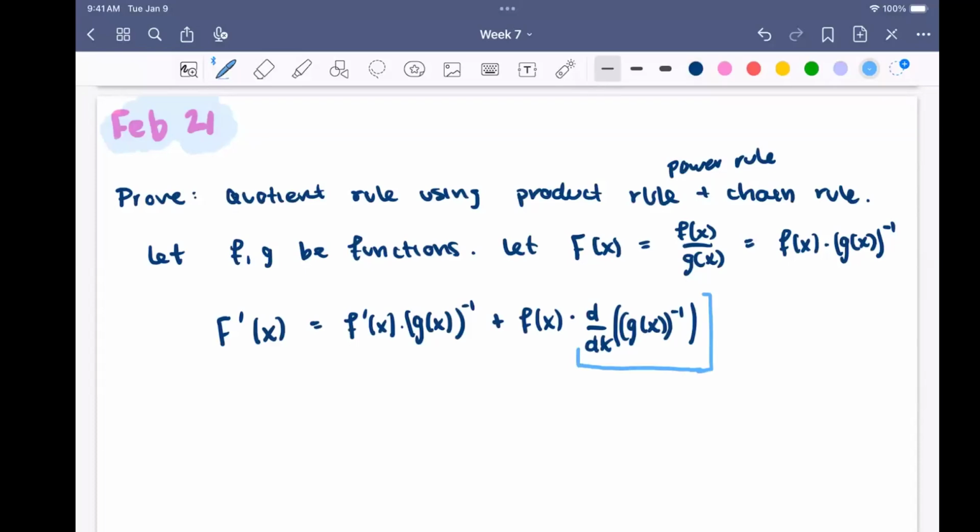We're thinking of the to the power of -1 as the outside function, and g of x as the inside function. So this is going to be -1 times g of x to the -2 times g prime of x.